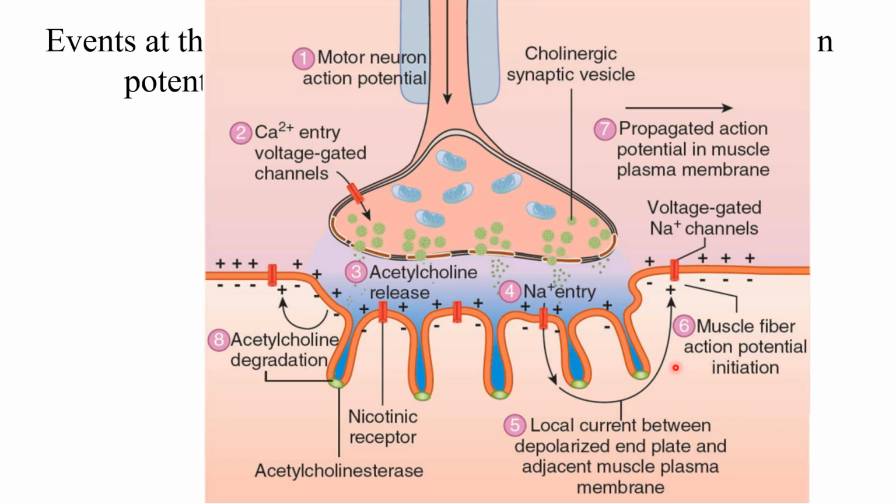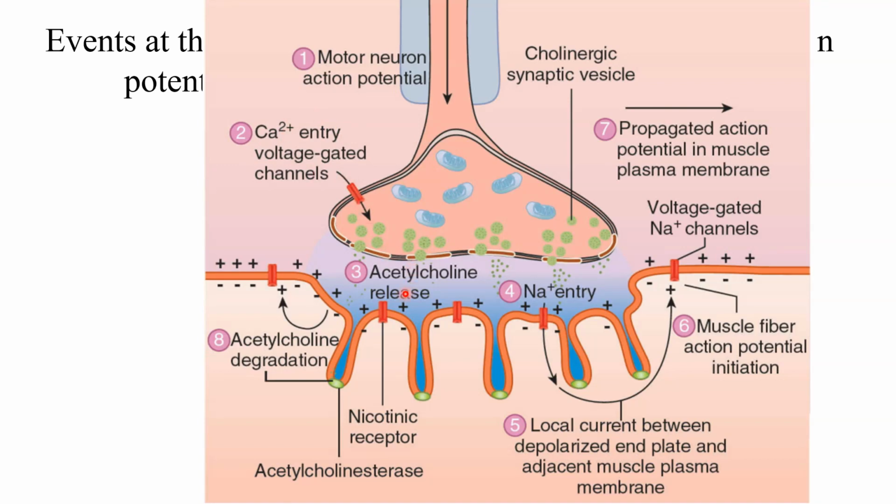This is showing an example of acetylcholine release happening in the case of muscle. This is the neuromuscular junction, right? What we described is the same thing here. The action potential comes from the motor neuron. Number 2 event, calcium entry by voltage gated channel.